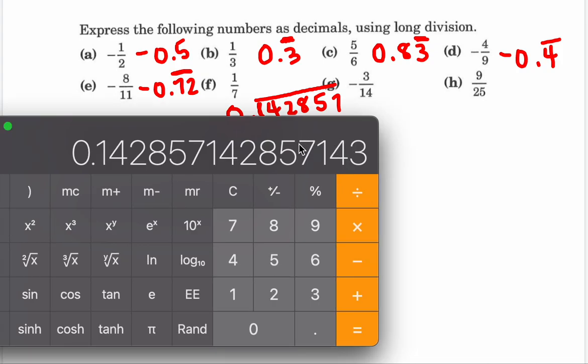Wow. Now, if you notice, it says 1, 4, 2, 8, 5, 7, 1, 4, 2, 8, 5, 7, and then it says 1, 4, 3. So that looks like it's terminating, that it has an end, but it doesn't.